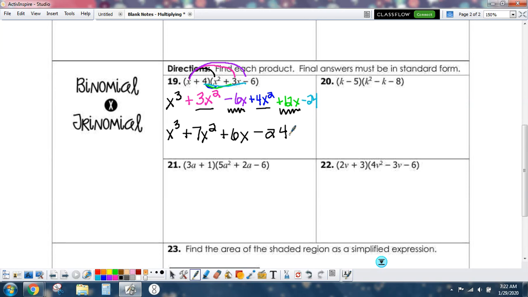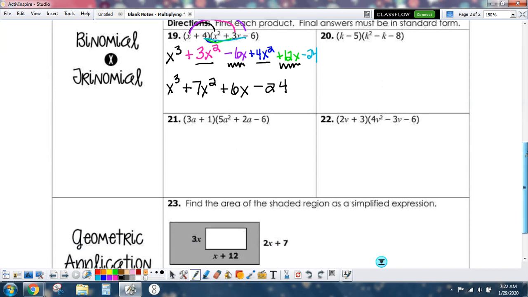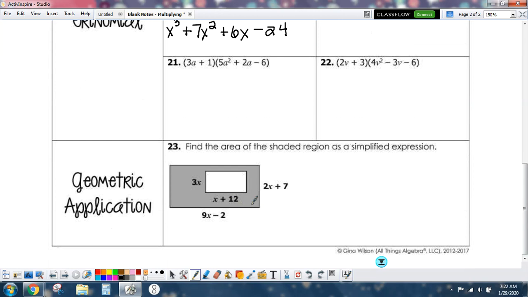Okay, and then number 23. Again, this is like the ones from just multiplying the monomials. However, now the numbers in our rectangles are binomials, most of them. So we're going to go ahead and do the same thing. Remember, when you're finding the area of that shaded region, you're taking the area of the outside and subtracting the area of the inside.